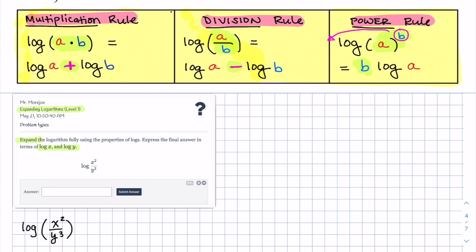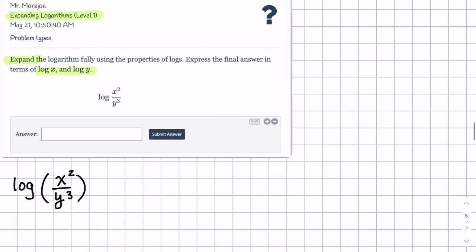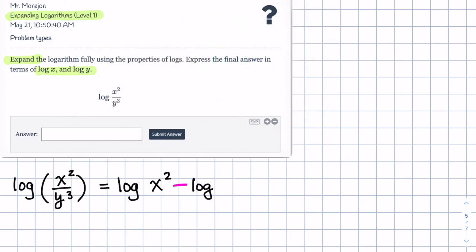So I'm going to go ahead and apply that rule, and what it says is if I see division inside of a logarithm, that becomes subtraction of two separate logs. So let me go here, and then this is going to become log of x squared minus, so remember division becomes subtraction, minus log of y cubed.